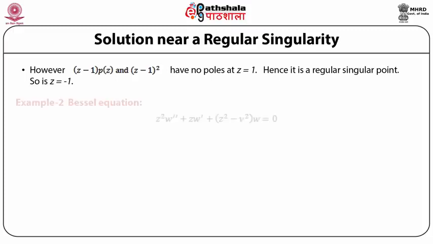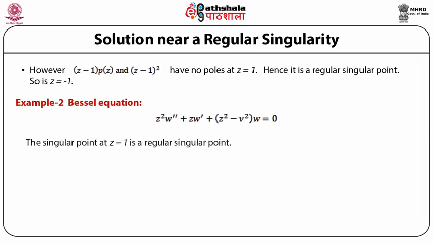Now we consider another example, which is a Bessel's equation given as z square times w double prime plus z times w prime plus z square minus v square times w is equal to 0. The singular point at z is equal to 0 is a regular singular point.